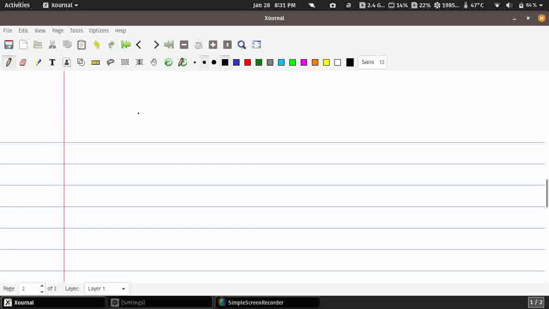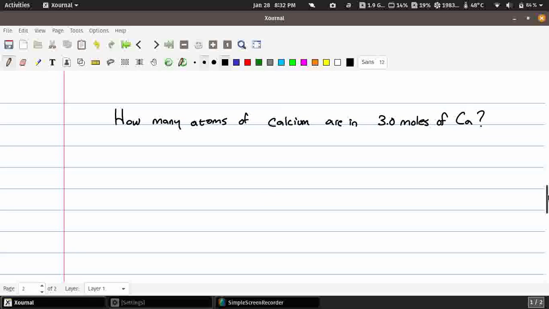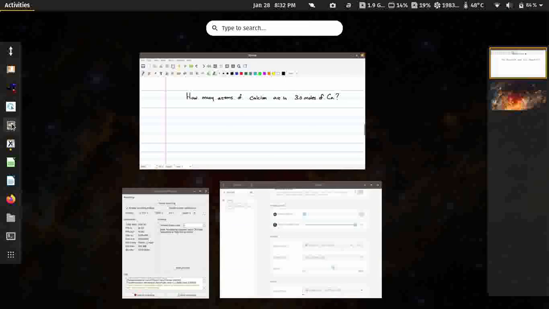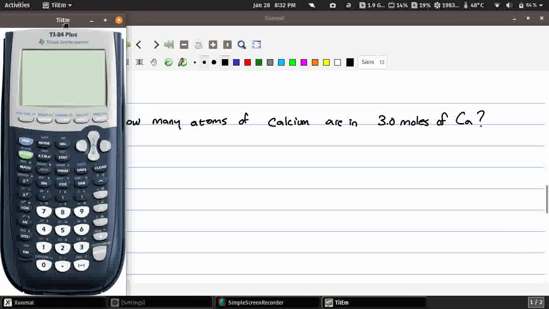All right, so how many atoms of calcium are in 3.0 moles of calcium? So how do we set this up? Let me open the calculator real quick. So here we go.